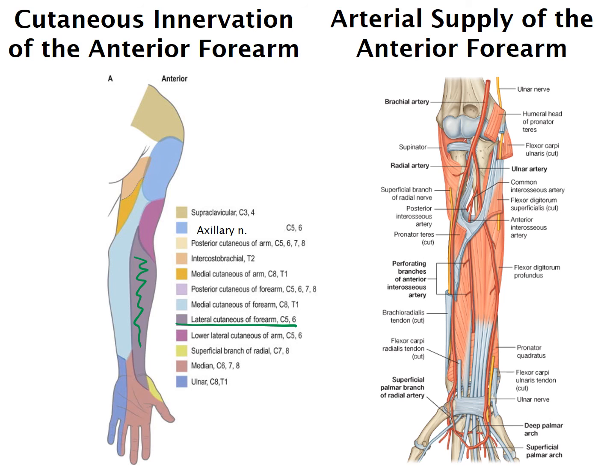The second nerve providing cutaneous innervation to the anterior forearm is the medial cutaneous nerve of the forearm, shown here in light blue. This nerve arises directly from the medial cord of the brachial plexus to innervate the area of skin indicated here. And recall that the medial cord of the brachial plexus arises from the C8 and T1 cord levels.